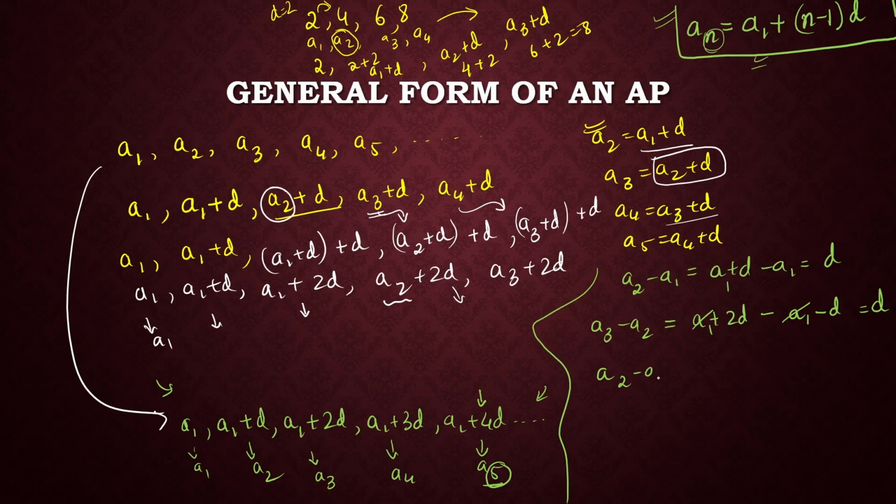So A2 minus A1 is equal to A3 minus A2. It is equal to A4 minus A3. It is also equal to A5 minus A4. So that is also equal to An minus An minus 1. So all these things are equal to your common difference D only. Okay. Hope this is clear to you.